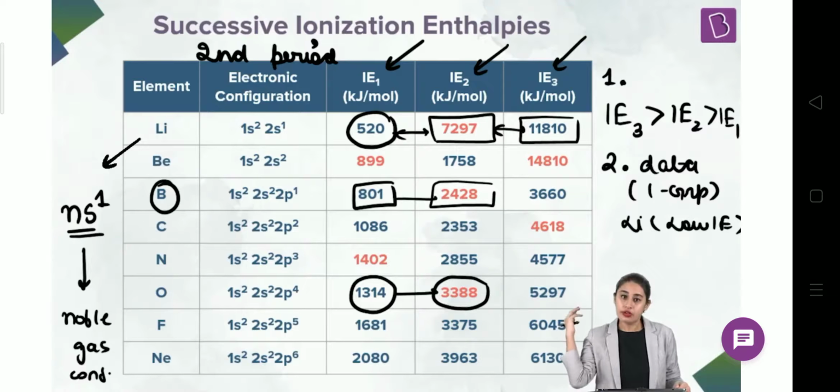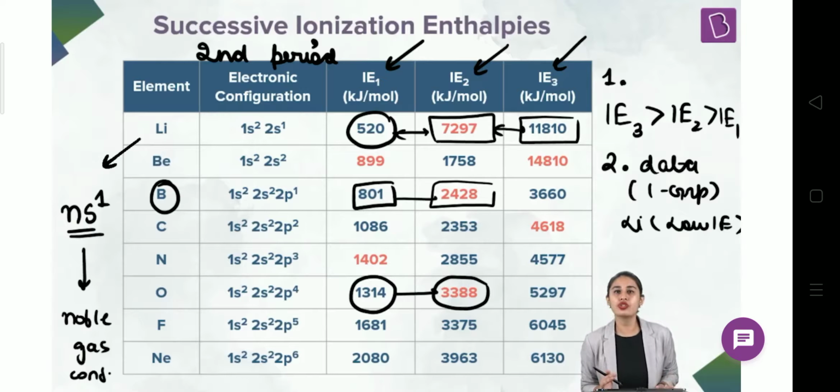Please have a conversation with yourself when you see this kind of data. Ask yourself as many questions as possible: why is this happening? Why is that happening? And if you're not able to answer, please question us. Ask from us. Okay? So this is the wider view that I have given you about the successive ionization enthalpies data.